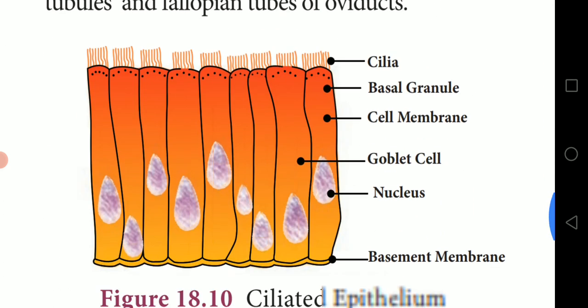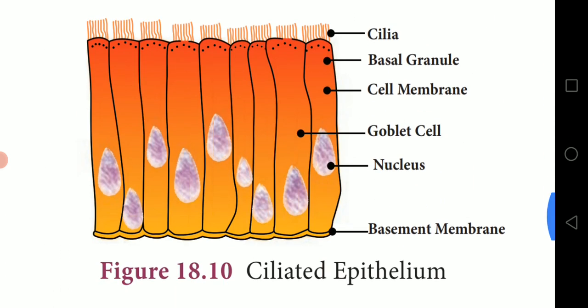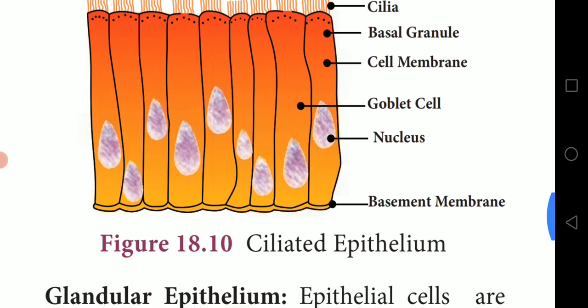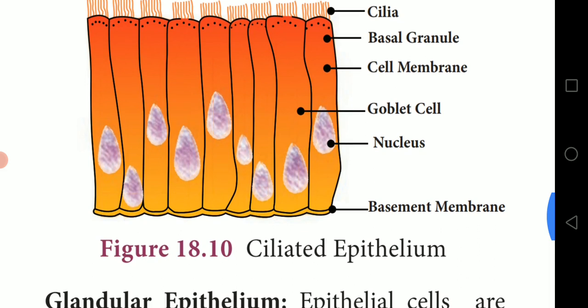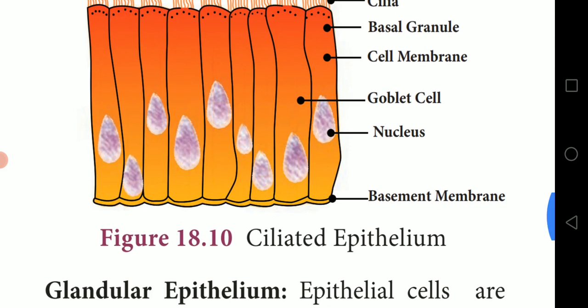Here is the structure of ciliated epithelium, with hair-like structures. The function is to move particles or mucus in a specific direction over the epithelium. They move here and there for direction purposes.